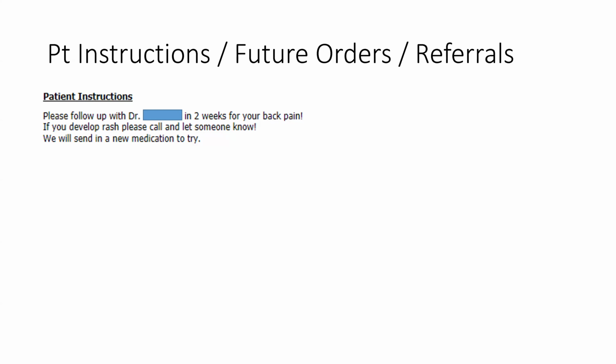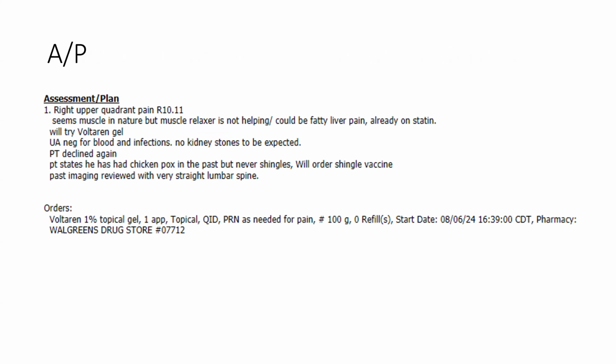If you develop rash, please call. You call someone, you call a family member, but you gotta do it with excitement. They're not gonna defend themselves, okay? We get them for your back, but the front of your stomach hurts.